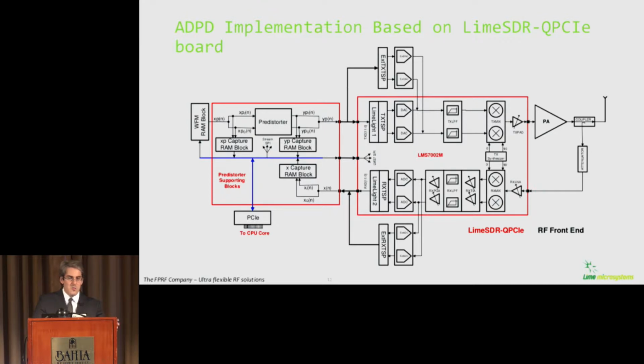In case of MIMO applications, when we have multiple PAs, we can use several transmitter paths, but only need one receive path, which is used as a time-sharing resource. So at one moment, one PA is being linearized.